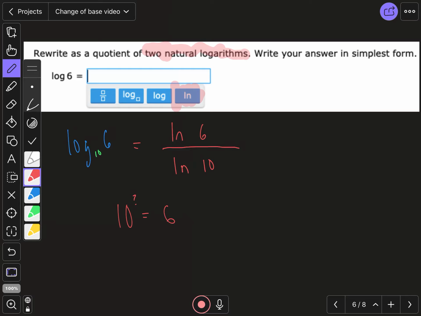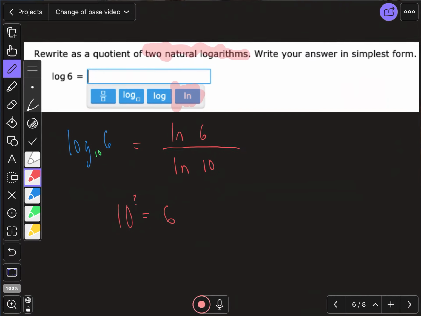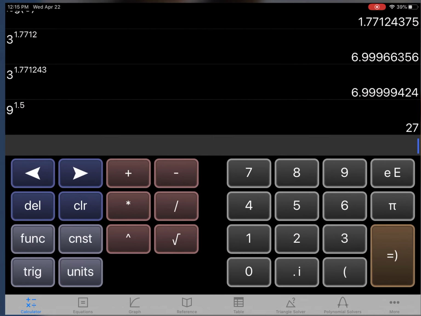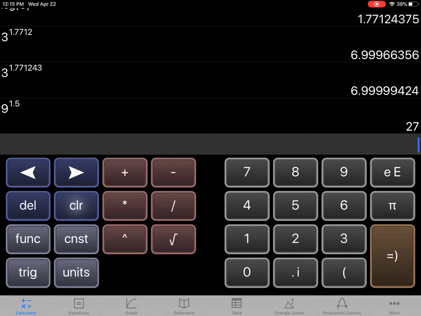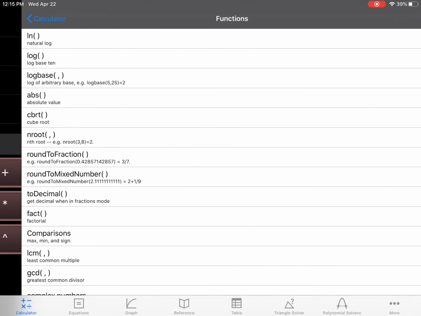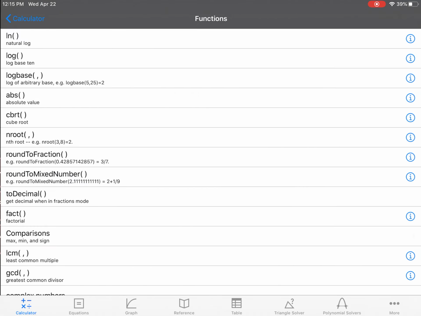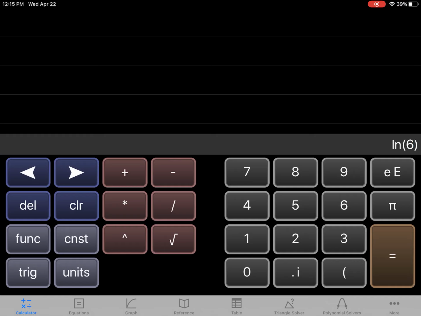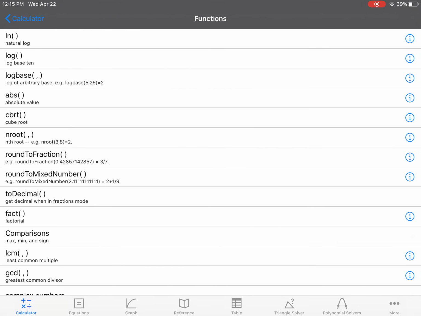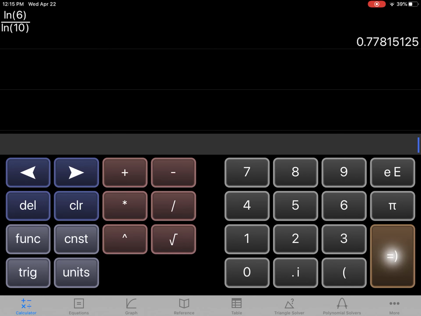Well, what's interesting about that, now that our base is bigger than our answer, let's look at that real quick. So 10 to the what power is 6. If you're using this calculator, the function key over here is where the logs are. So natural log of 6 divided by the natural log of 10.